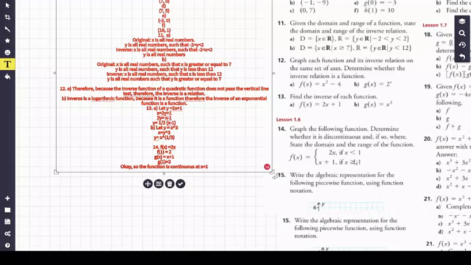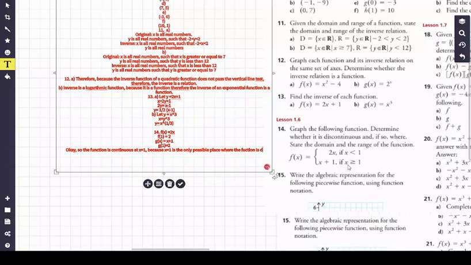Right, so that means, because this is the only possibility, x equals 1 is the only possible place where the function is discontinuous, but it is continuous at x equals 1.